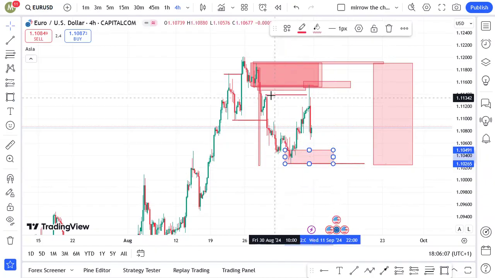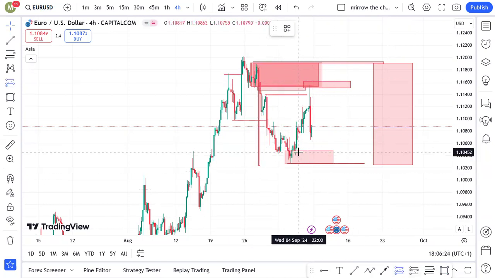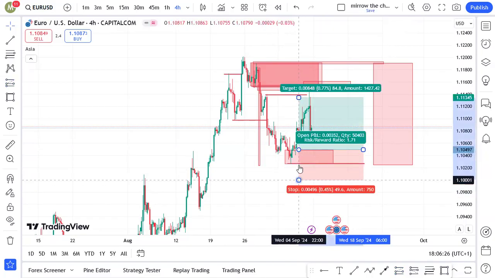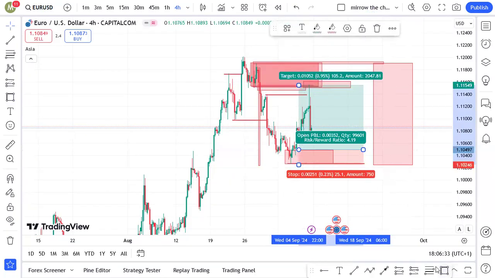Because of the confidence we have on this range, based on data we have collected from a valid range structure. Based on that data, we are taking a buy from this point, and we are going to buy till we reach this point.